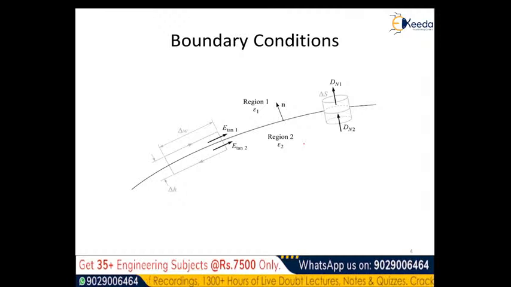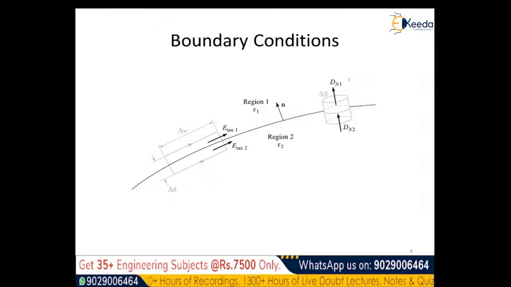In such a case, again we have to consider only the electric field intensity denoted by capital E and the electric flux density denoted by capital D. In this diagram we have the tangential components of the electric field intensity. E tan 1 means the tangential component of electric field intensity in region 1, whereas E tan 2 is the tangential component in region 2.